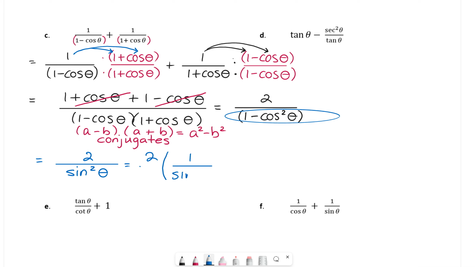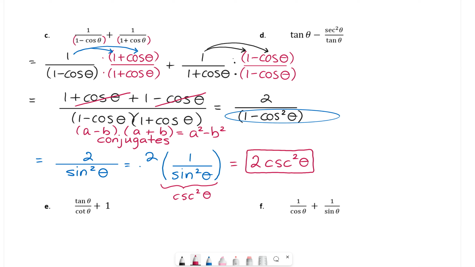And the reason I'm writing it this way is to help you see more clearly, because this right here, 1 over sine squared theta, is actually cosecant squared theta. Okay, so 2 over sine squared theta is the same thing as 2 cosecant squared theta. That is the final answer of the combination of the two fractions we started out with.